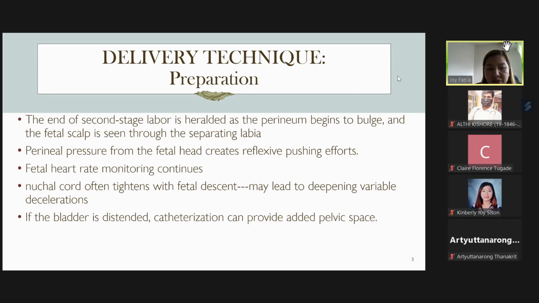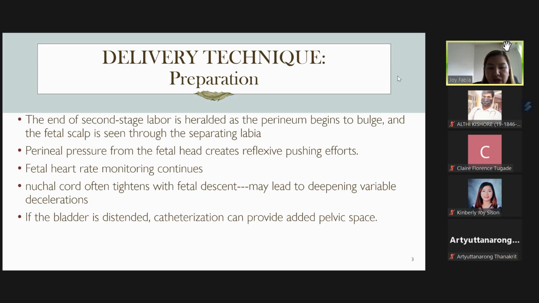At that time, we have to do fetal heart rate monitoring. So if you have a nuchal cord that tightens during fetal descent, this may lead to deepening or the variable deceleration. So you already know, di ba? What are the types of deceleration? So if you have a variable deceleration, this is usually related to cord compression.